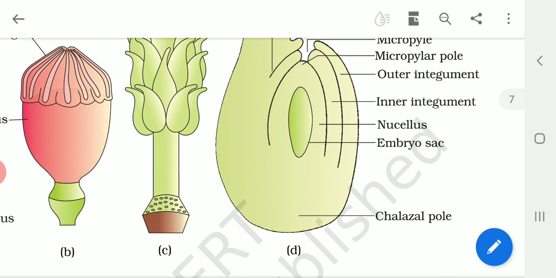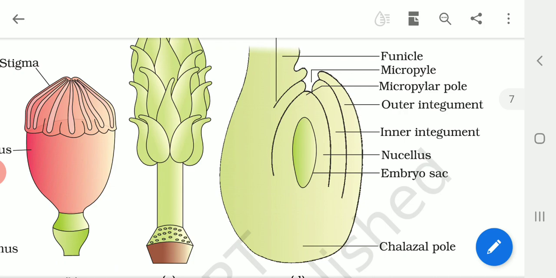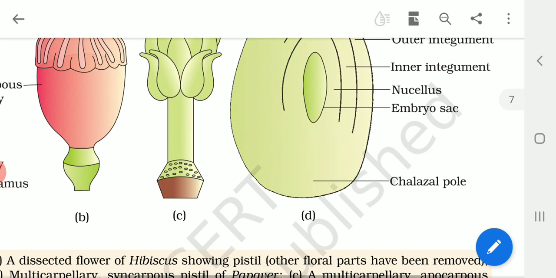Now, there is generally a single embryo sac inside the ovule. I told you embryo sac is also called female gametophyte. So usually an ovule consists of only a single embryo sac, which is formed from the megaspore.